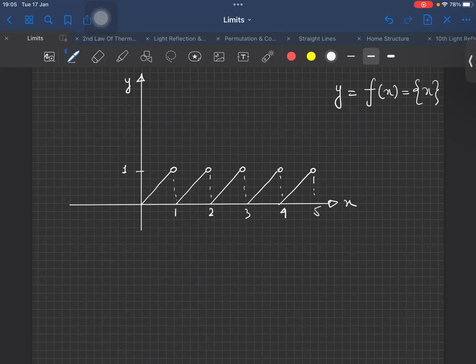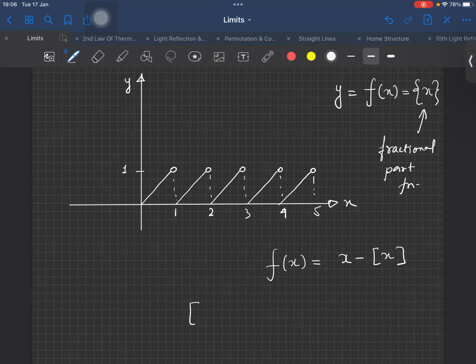Now we see there is a discontinuity in the graph at every integer value, because the name itself is fractional part function. Understood? The fractional part is defined as x minus the greatest integer of x. At all x values, this is how the fractional part function is defined.